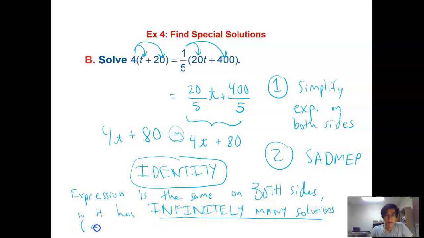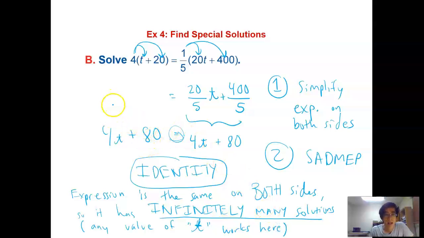Okay, it means that any value of t, right, that's the variable right here, works here. I could plug any number for t and it works.